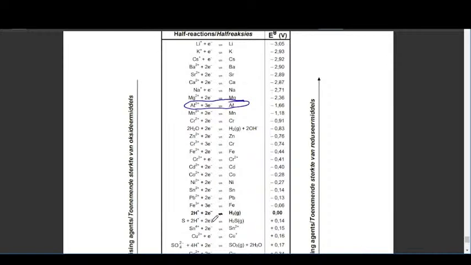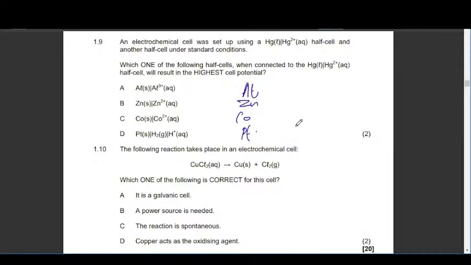So it means that the other ones are down. So the strongest reducing agent is going to be aluminium. Therefore, when I come back here, I'll find out that A becomes the most correct answer. The following reaction takes place in an electrochemical cell.